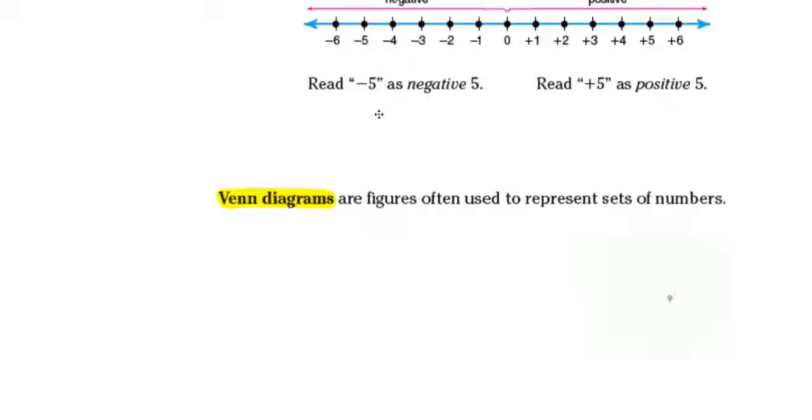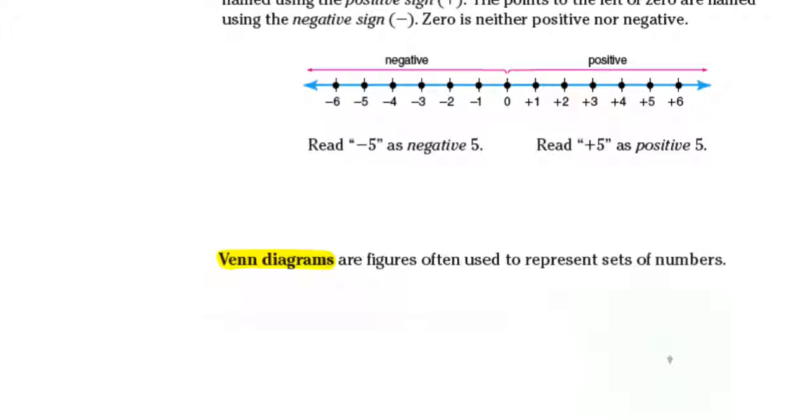Let me just define the set of integers for you. This is not in your book, so I suggest you write this down. Okay, the set of integers. Let's define the set of integers.